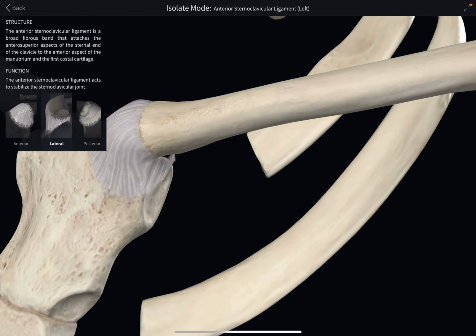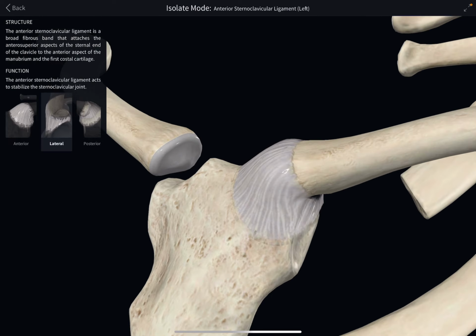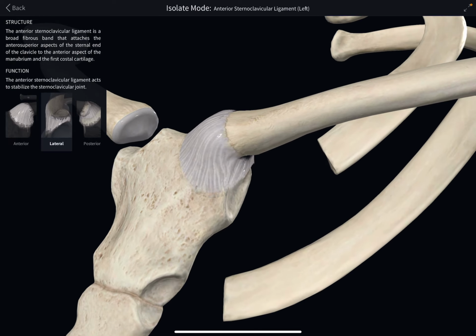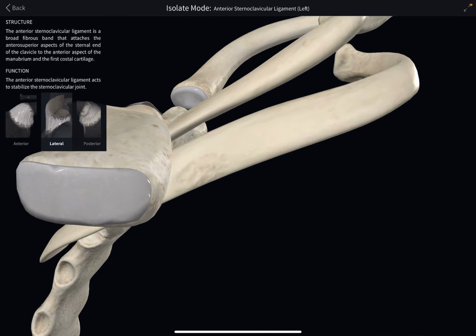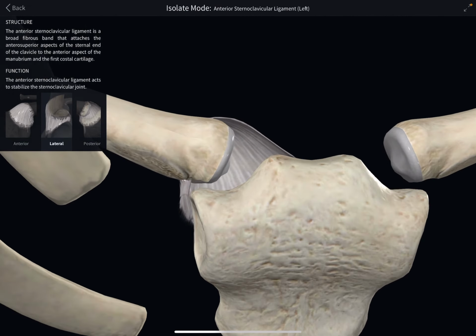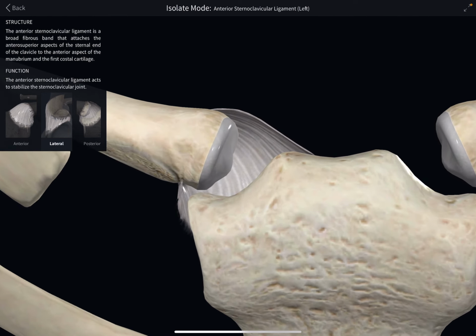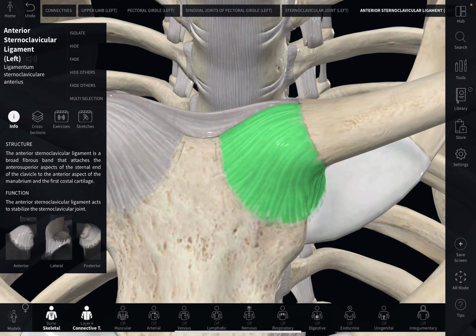Here is the joint, the sternoclavicular joint, formed between the medial end of the clavicle and the manubrium of the sternum. Here is the capsule, this one right here. So the periphery of the medial end is going to give attachment to the fibrous capsule of the sternoclavicular joint.